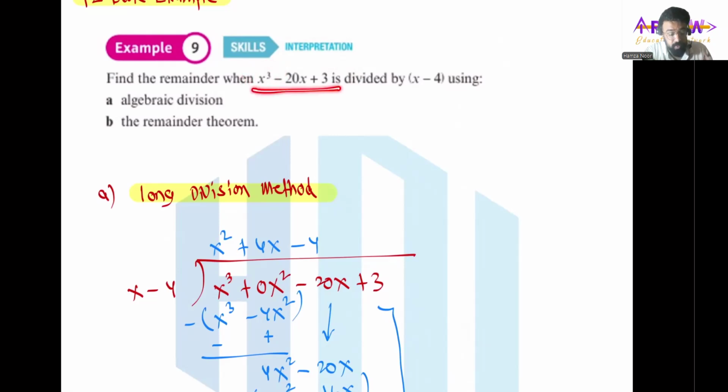You have x cube minus 20x plus 3. So according to a strict sequence of the polynomial, you are going to write this polynomial like this: x cube plus 0x square minus 20x plus 3. This strict sequence of writing the polynomial when doing the long division method, we have been doing since P2.